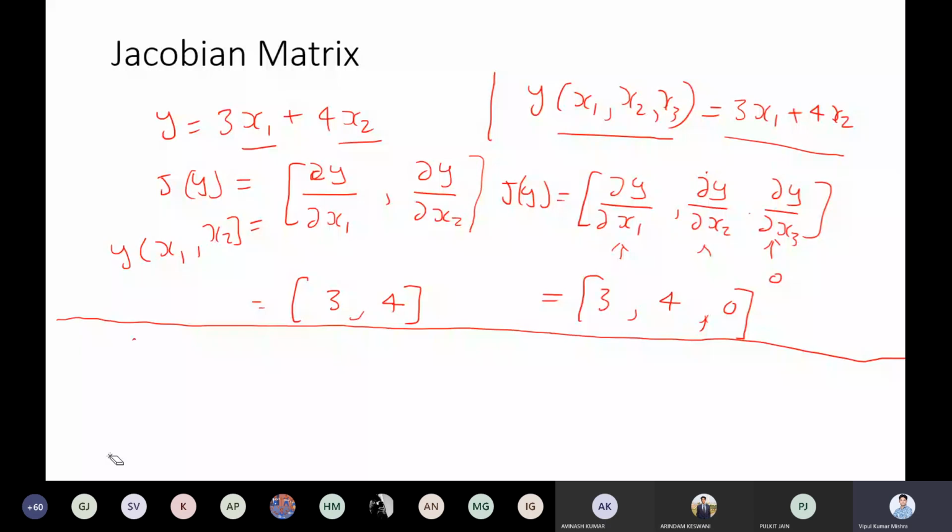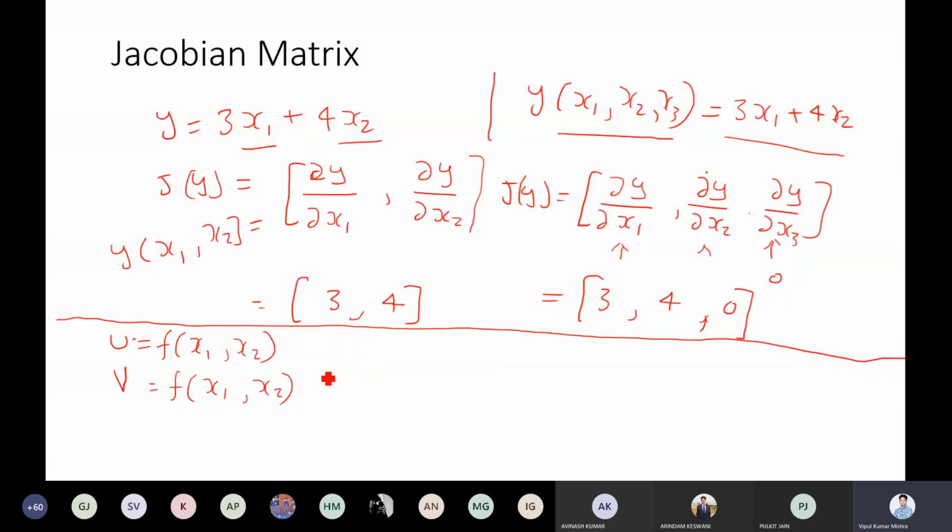Suppose we have a function u, which is a function of x1 and x2. We have a v function which is also a function of x1 and x2. We have two different functions which are functions of x1 and x2.